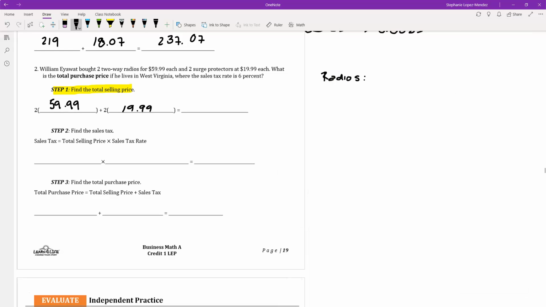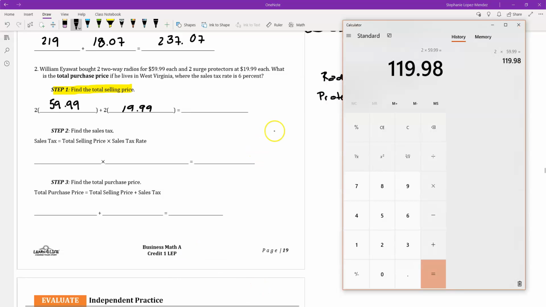It's 119.98. And our protectors is what we need to find out. So we go to our calculator and we multiply 2 times 19.99.